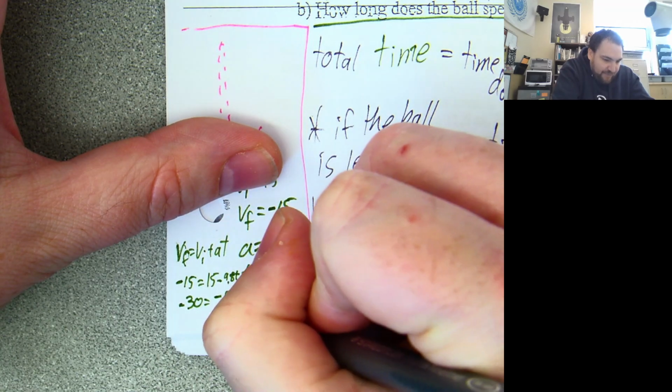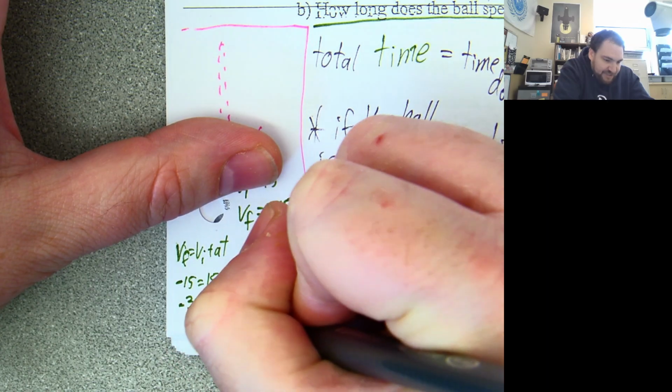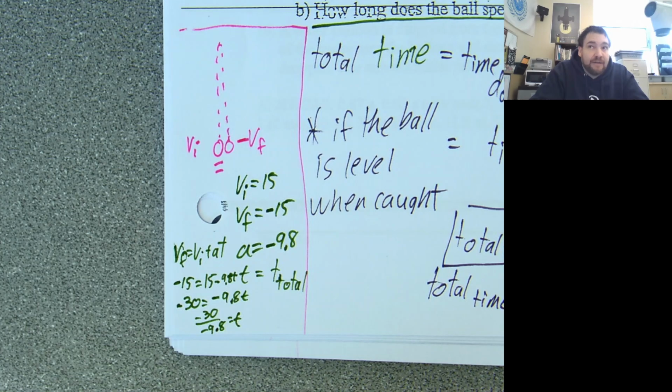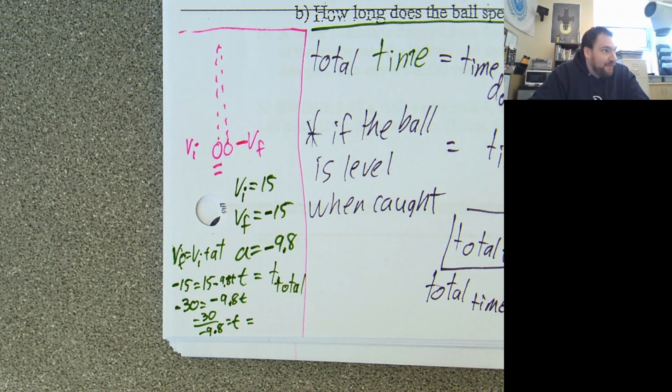To get t by itself, I'm just going to divide negative 30 by negative 9.8. If you punch that into your calculator, what's the value you get? It sure as heck better be basically the same thing we found before.